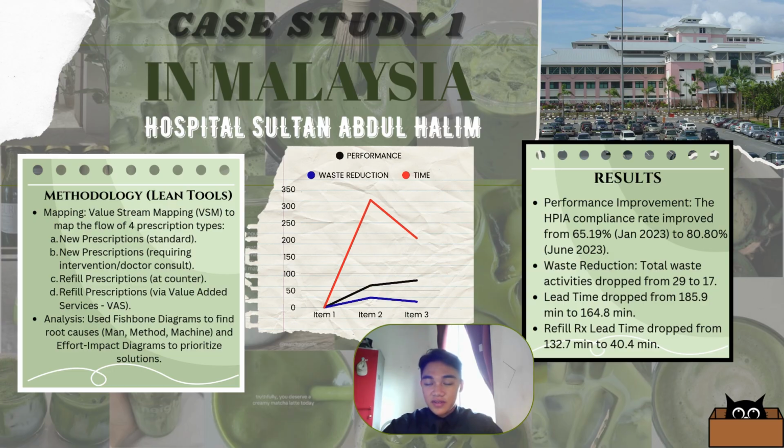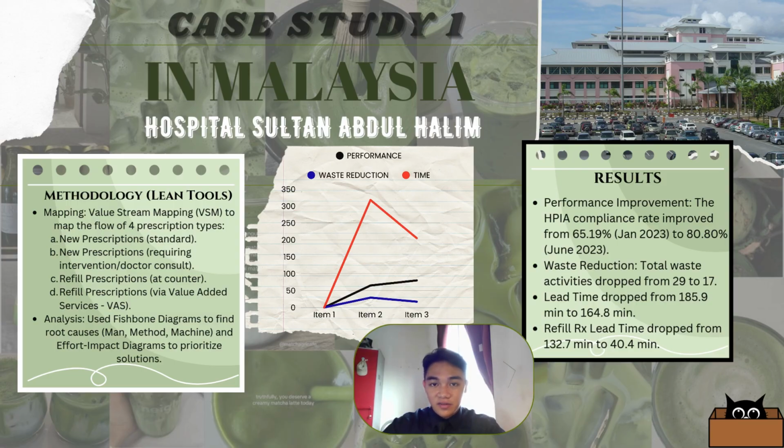The first is the standard prescription, new prescription requiring intervention with doctors, refill prescription at the counter, and refill prescription via added values. The analysis uses the fishbone diagram, which is one major practice in Lean Six Sigma of industrial engineering.